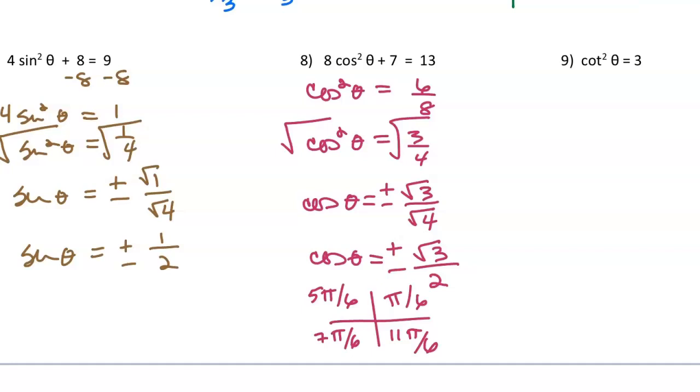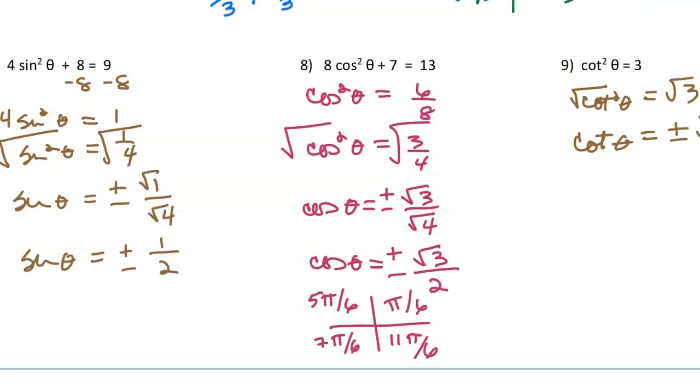Okay, let's go to the next one. Cotan squared theta equals 3. Okay, so we're set to take the square root right away. So the square root of cotan squared theta equals the square root of 3. And don't forget, the second that you're taking the square root, it's going to be plus and minus radical 3. Now, let's think about this. Remember, this is radical 3 kind of over 1. And cotan is cosine over sine.